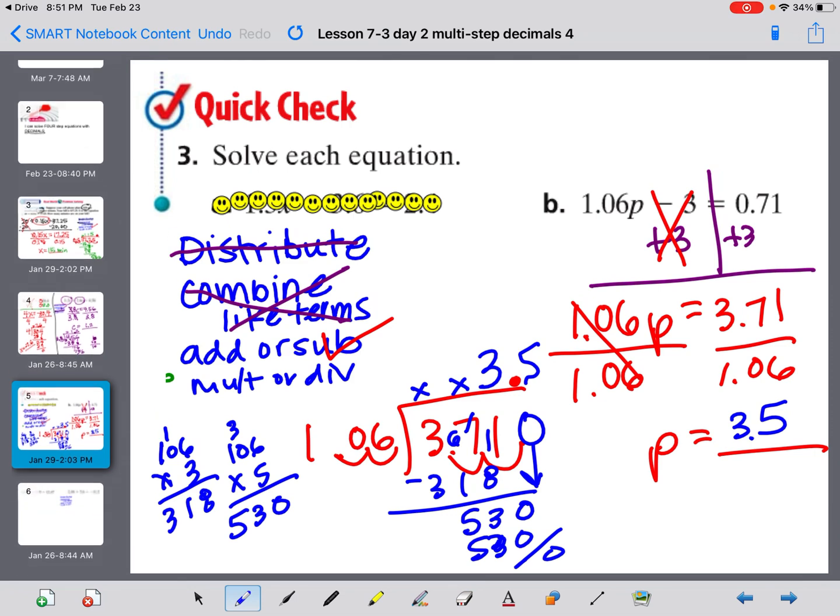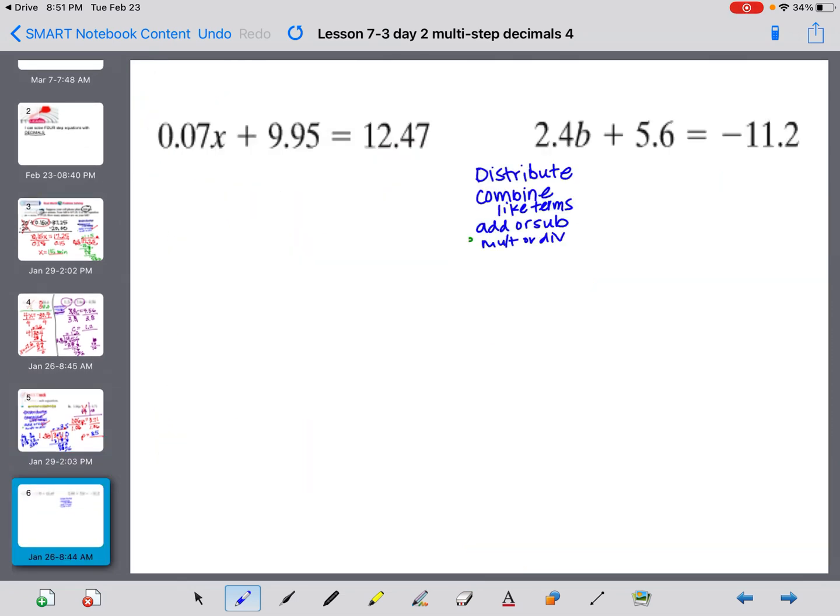Last 2 boxes, people. Don't give up yet. Why don't you pause and solve both?